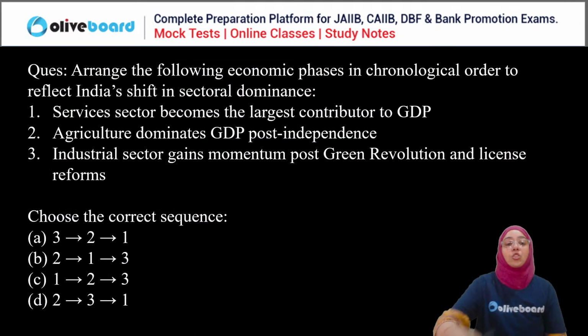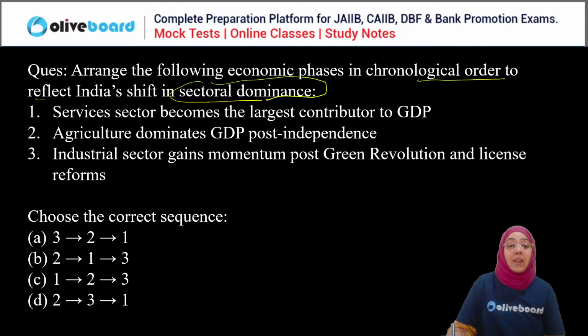Next question. Arrange the following economic phases in a chronological order to reflect India's shift in sectoral dominance. Just read the question carefully and then answer. Service sector becomes the largest contributor to GDP.